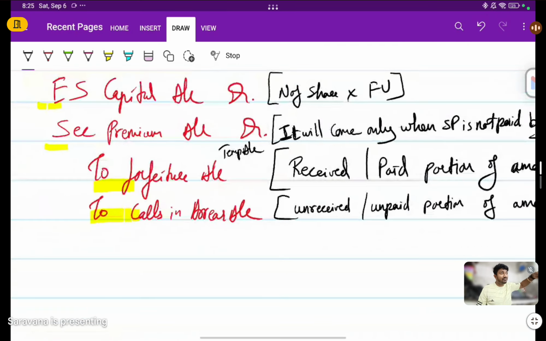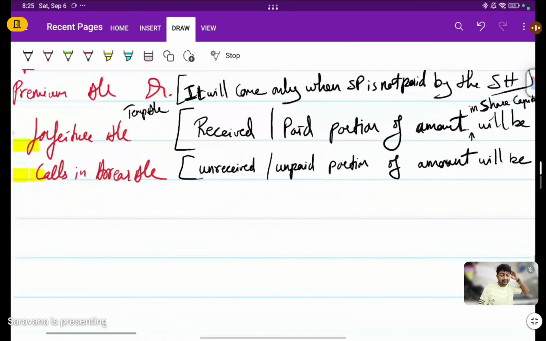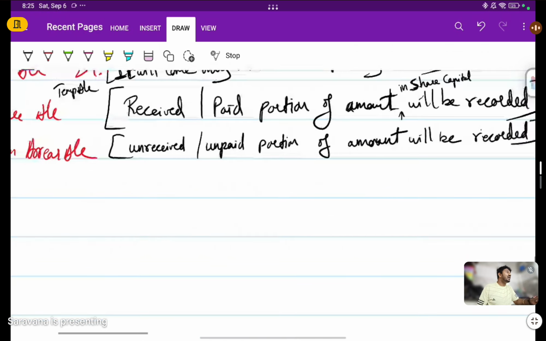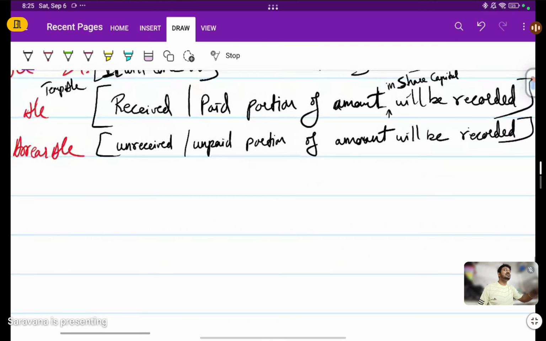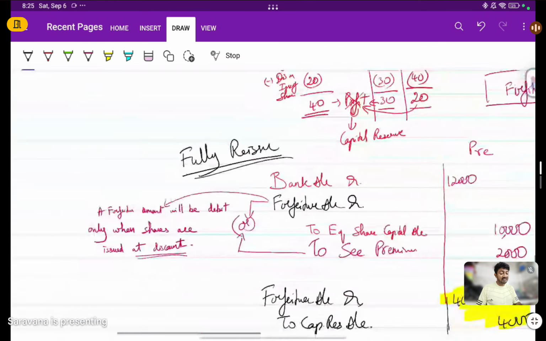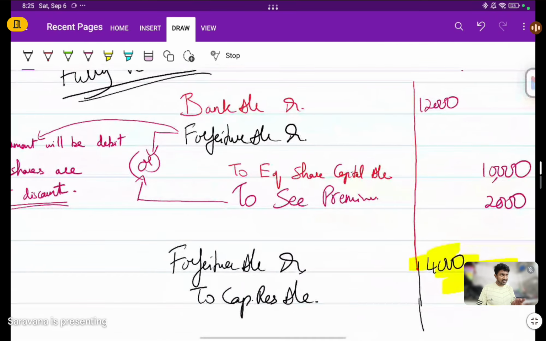And the forfeiture account records the received or paid portion of the amount in share capital. The money which is not received is recorded in calls in arrears. And on reissue, what is the reissue journal entry? Bank account debit, forfeiture account debit, to equity share capital, to securities premium. If forfeiture comes, securities premium won't come; if securities premium comes, forfeiture won't come.